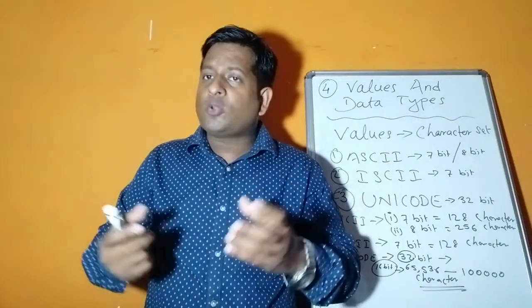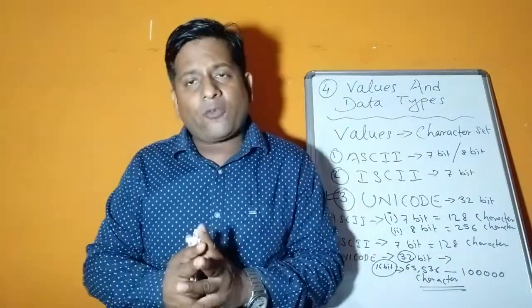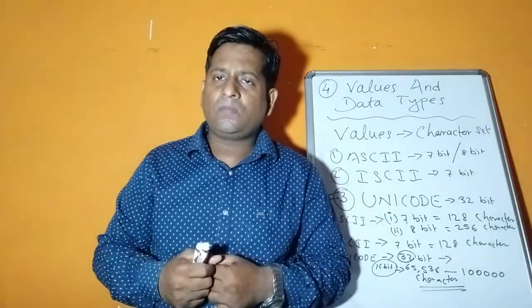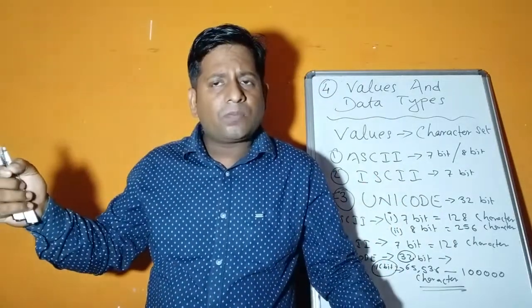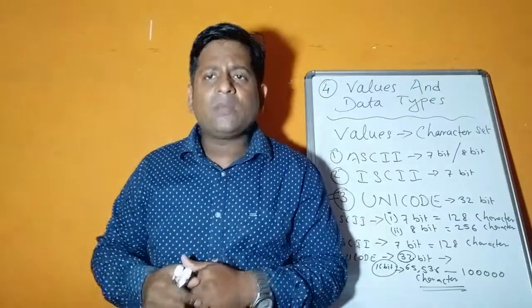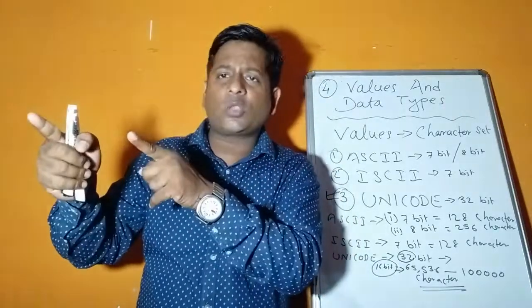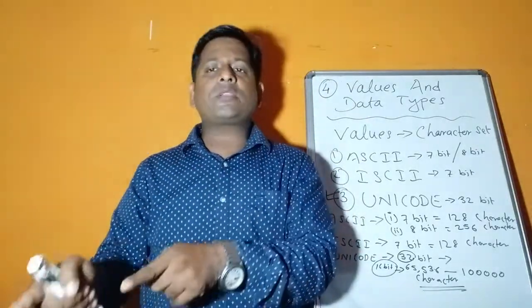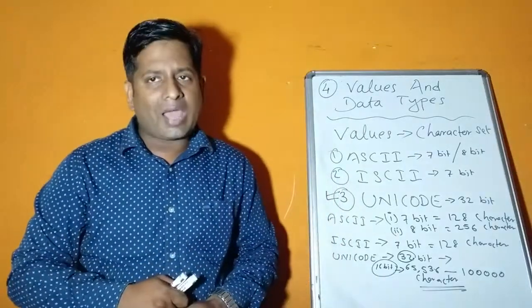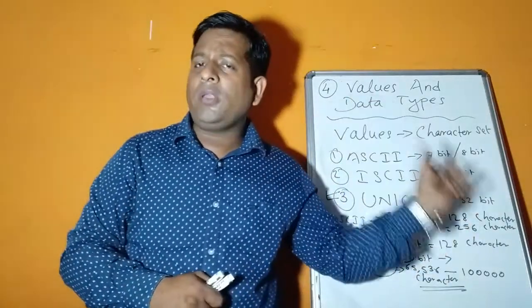Suppose I want to create one different type of alphabets. I can create symbols of A, B, C, D and all up to Z, and those symbols you can use as Unicode, and you can create a program through a programming language. So Unicode has so many features.